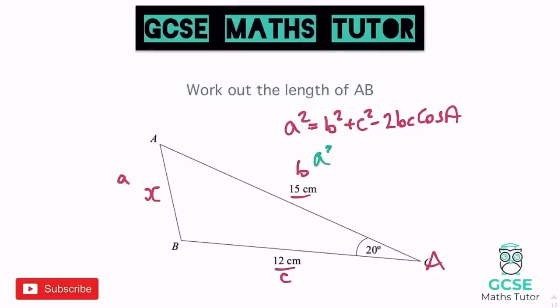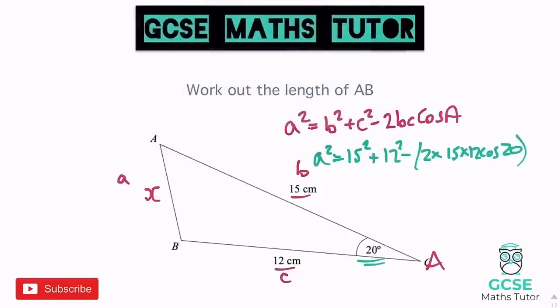So a squared equals b squared, which is 15 squared, plus c squared, which is 12 squared, minus, and I'm going to stick this bit in brackets, 2 times 15 times 12 cos a, which is down here, which is 20. There we go. Right, so sticking that all in the calculator, let's have a look what we get.